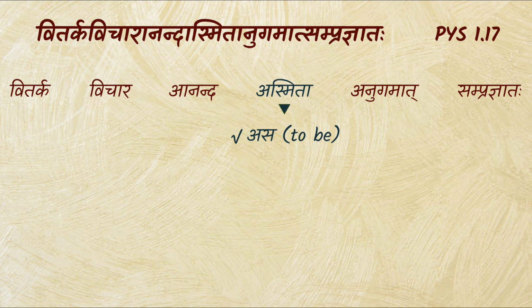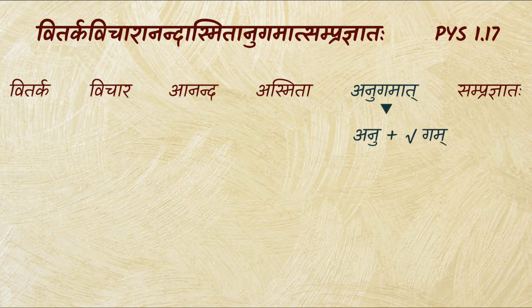And from this root word originates the word asmi, which means I am, followed by the suffix ta, which makes the word Asmita mean sense of I or I-amness. Now, this awareness of I am is not associated with any kind of support such as I am a girl or I am tall, etc. It is just an unadulterated feeling of I am without any kind of adjectives or affiliations.